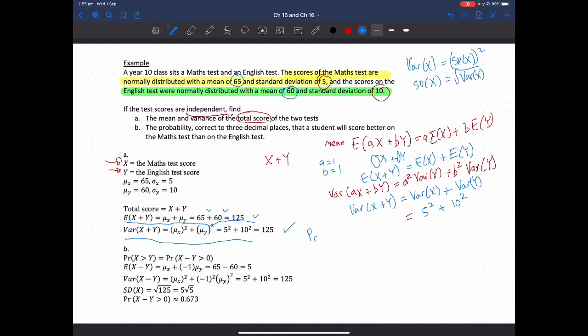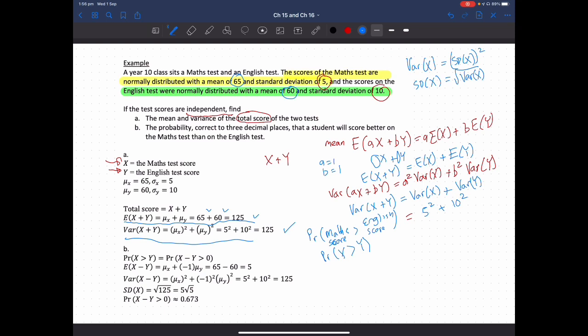So we're being asked to find the probability maths score is greater than English score. Our maths score is x, so the probability x is greater than the English score, which is y. That is what we're being asked to find.